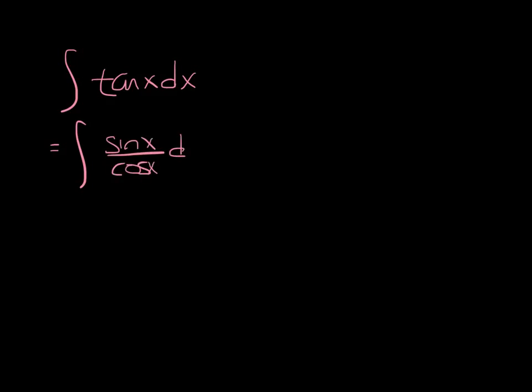Well, we can figure this out by first writing tangent as sine over cosine. Then with a little u sub, we let u equal cos x, du is negative sine dx.